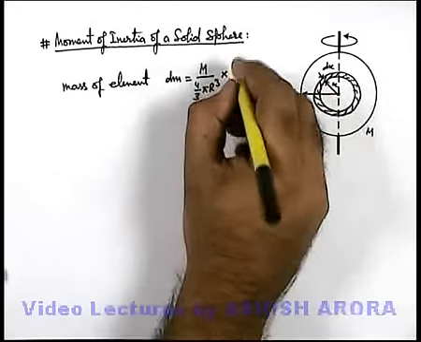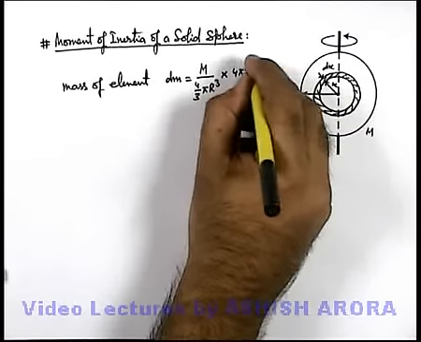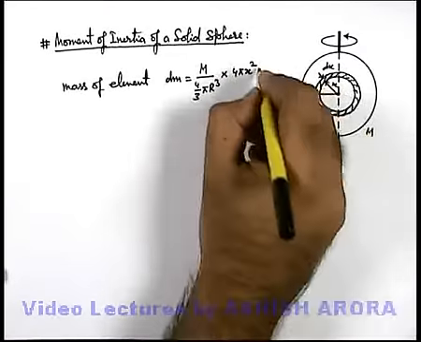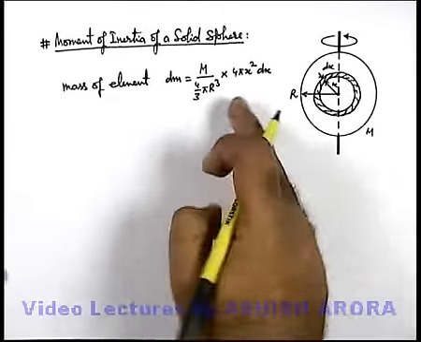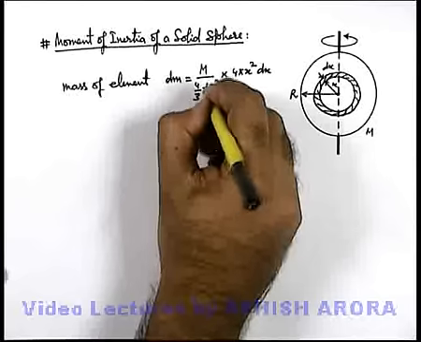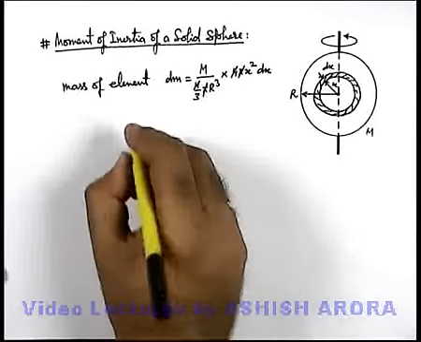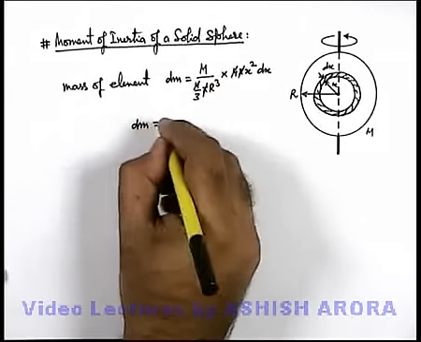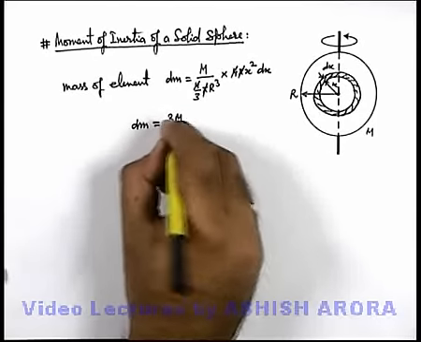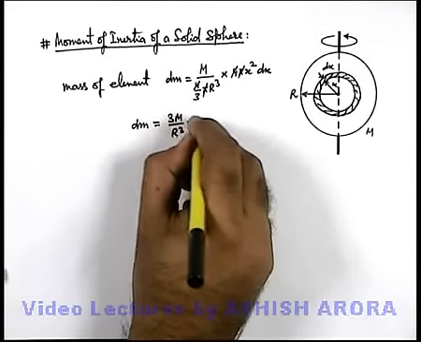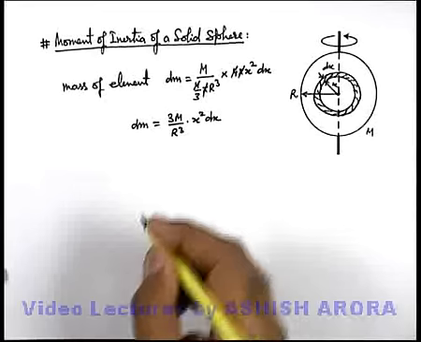So the surface area of the shell can be written as 4 pi x square and the width is dx. So this would be the mass of the element. Here 4 pi can be cancelled. So the value of this dm can be written as 3m by r cube into x square dx.